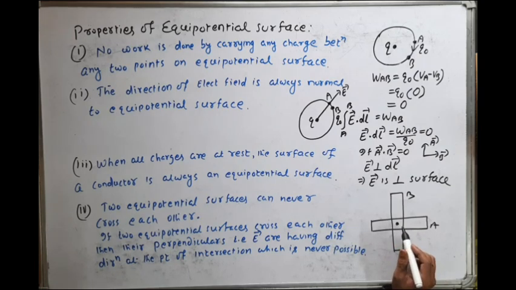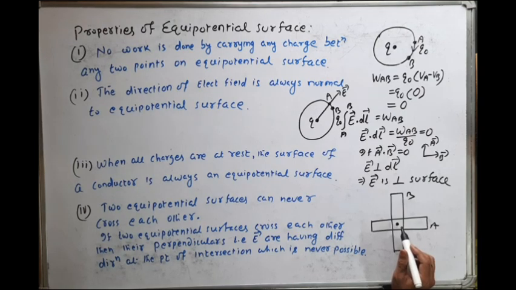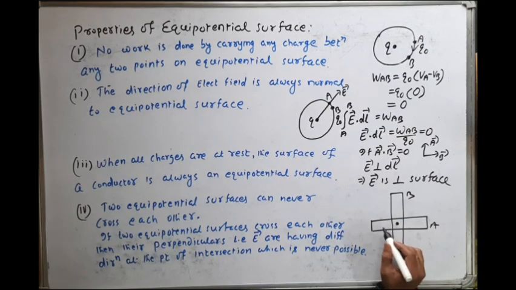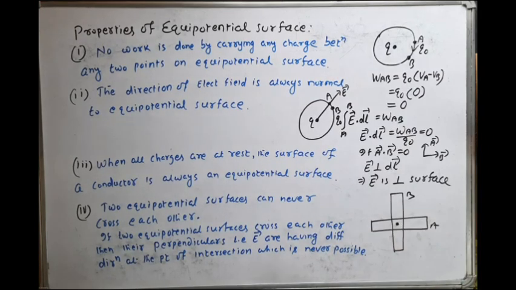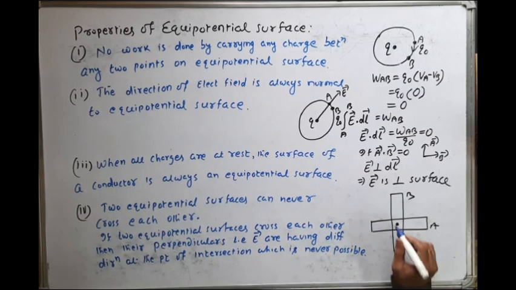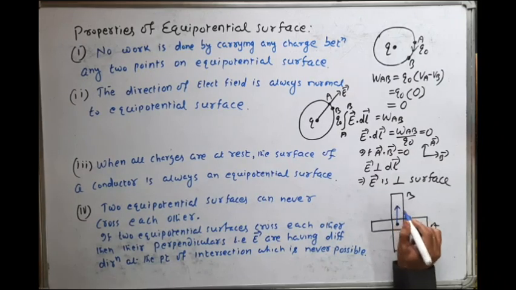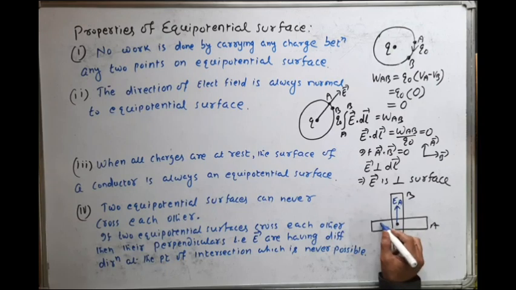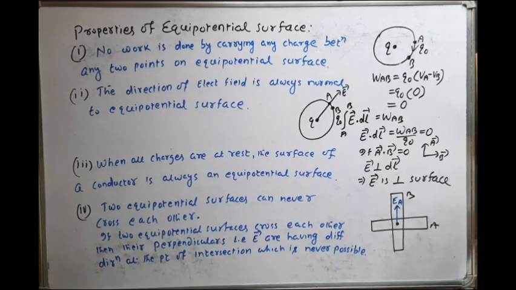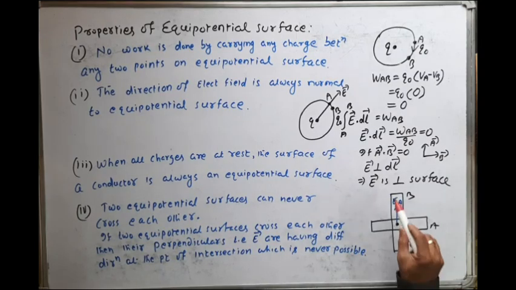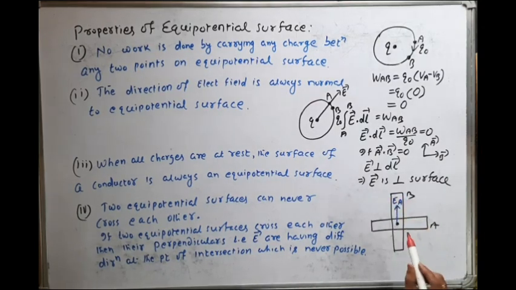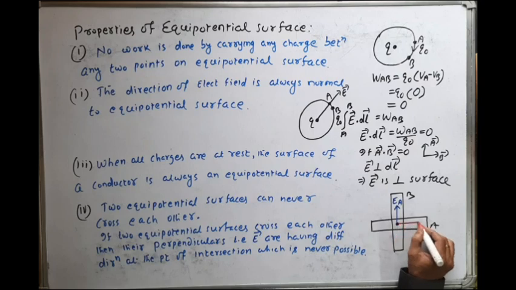So now you know for an equipotential surface, the electric field is perpendicular. So now if I assume this is my equipotential surface A, at this point, what is the direction of the electric field? The electric field is perpendicular. So this is the electric field at this point due to equipotential surface A. And if I say that this B is my equipotential surface, at this point, what is the direction of the electric field?